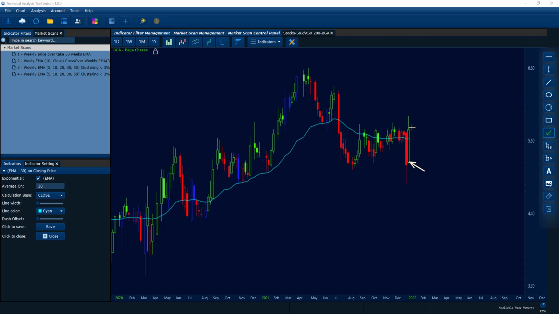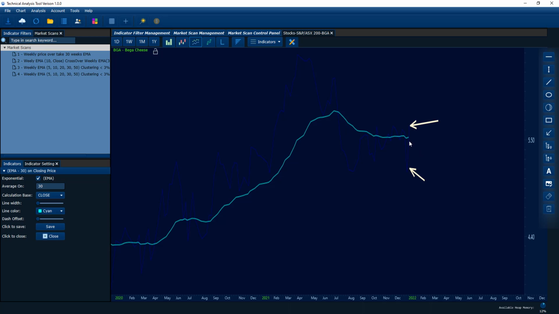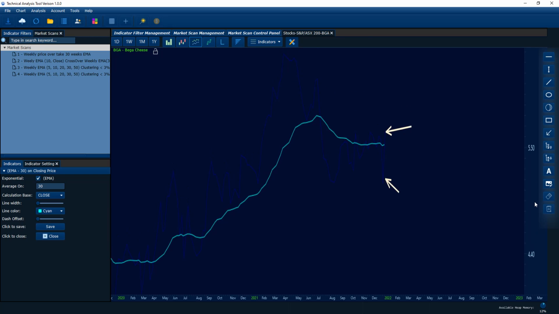The second one is it has to be closing above the 30 weeks moving average. It closed here. And also the moving average has to be moving up since last 12. So it's moving up a little bit here, but it is moving up, right? Since last 12 it's ticking up. So that's correct as well.